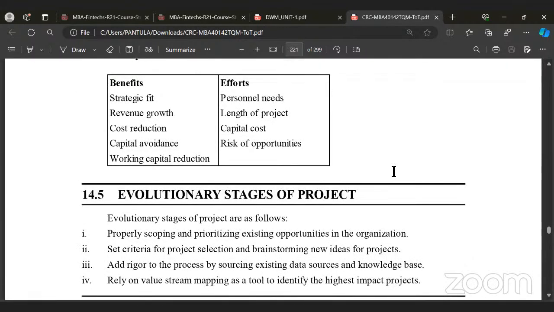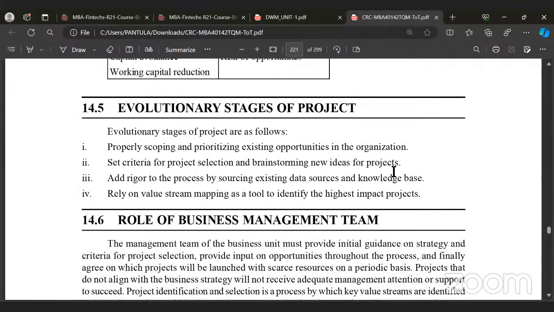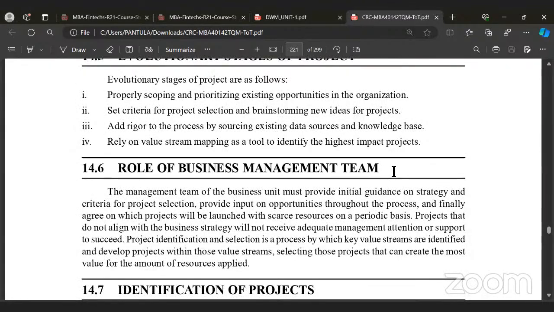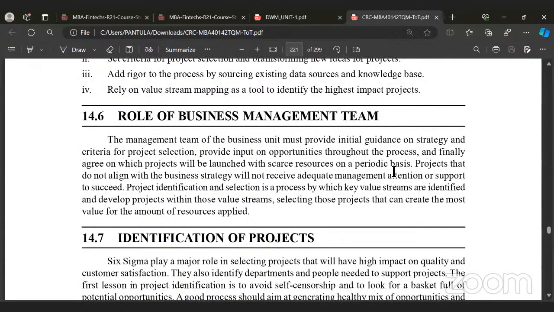There are personnel needs, length of projects, capital cost, and risk of operations.